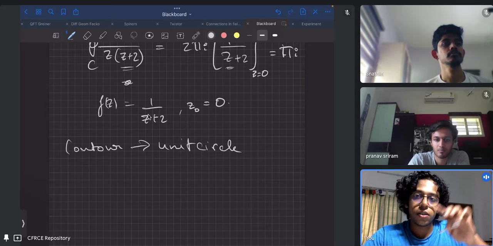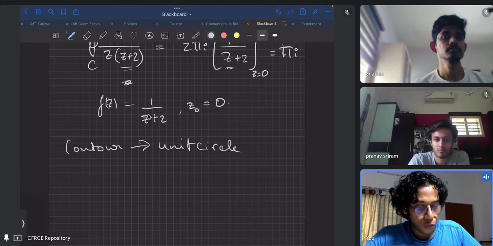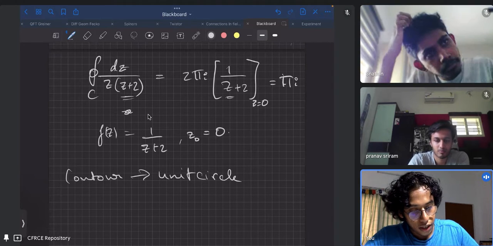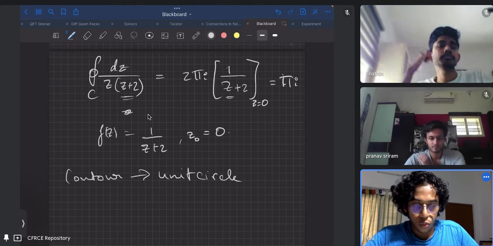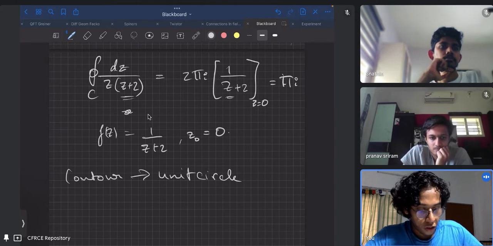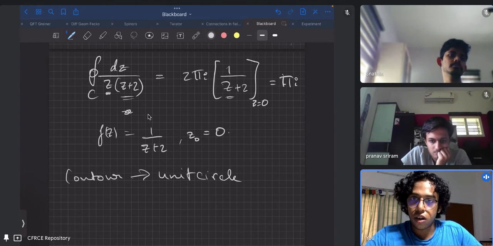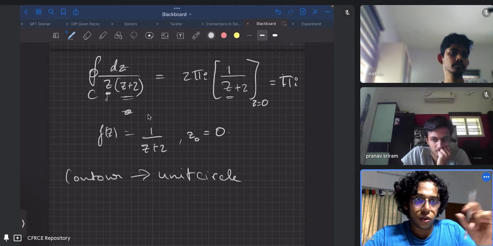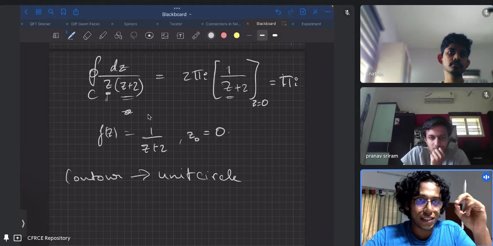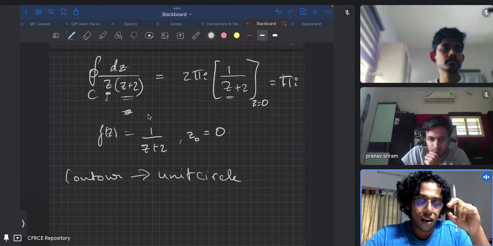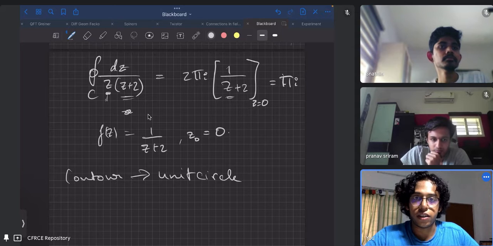So now the point z plus 2 is outside. Then you can take f of z as 1 by z plus 2. So your z is your z naught, and the singularity is at z naught. Now the whole thing makes sense, because earlier it didn't really make sense.